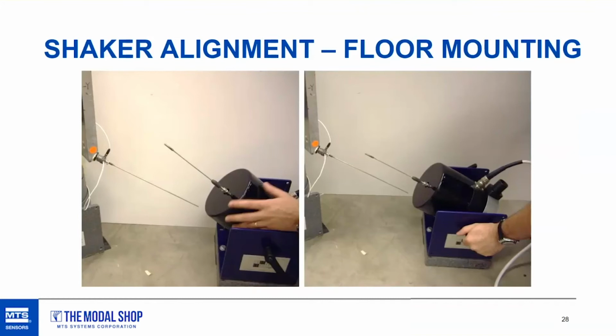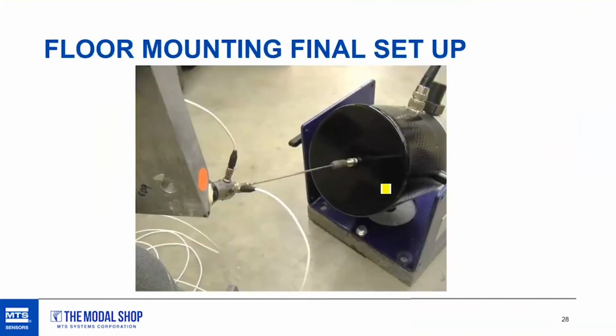And once I have the right angle, I'm moving the shaker forward a little bit. Of course, I remove one of the stingers, since I just need one, and then finalize my setup. So the next picture is the final setup with the shaker sitting on the floor.